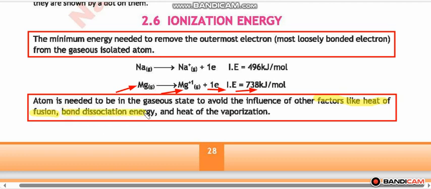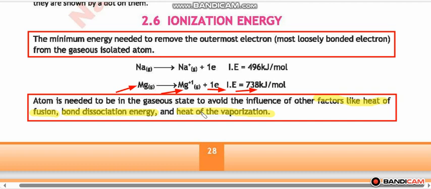Similarly, bond dissociation energy: there is metallic bond between the atoms of a metal, so when we give heat to a solid metal, then it will be consumed in bond dissociation or breaking up the bonds. So our answer will be wrong, or it will be a different one. Similarly, heat of vaporization: sometimes we have an element in liquid state, and when we provide heat, that heat will be consumed in its vaporization, which is called heat of vaporization.